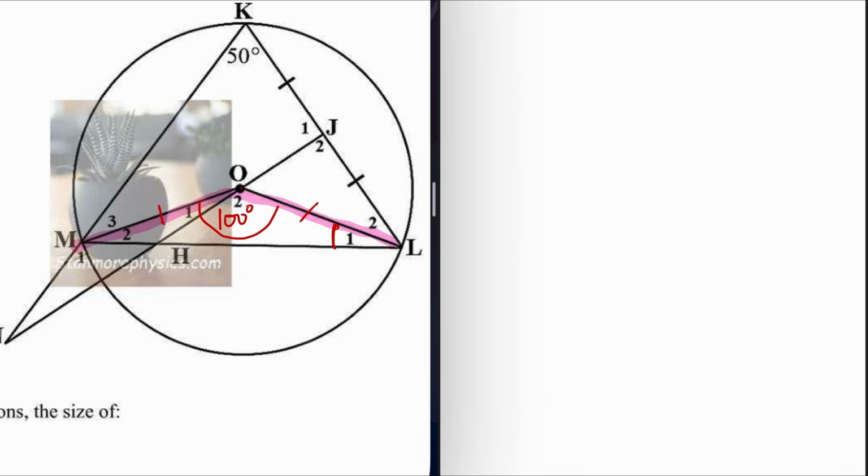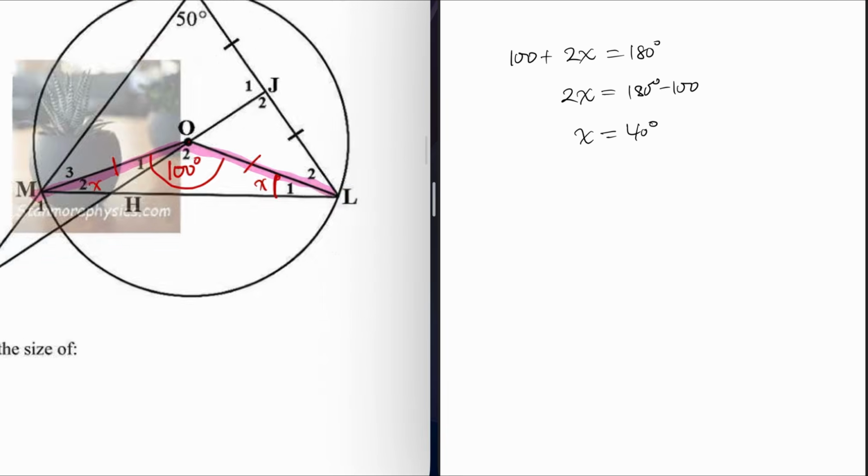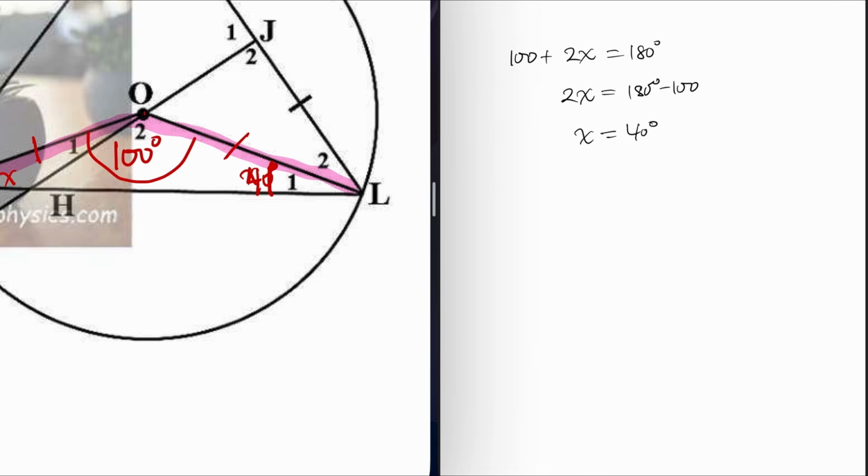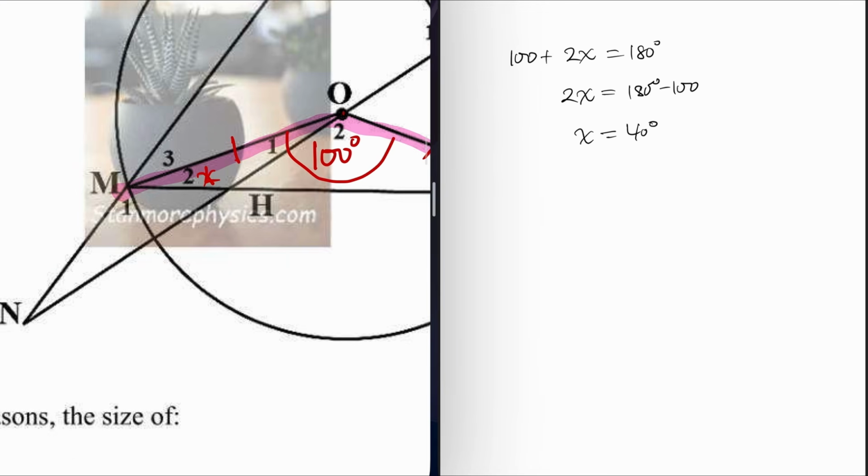So let's call this X and let's call that X. We're going to have 100 plus 2X equal 180. That means 2X is equal to 180 minus 100. That means X is equal to 80 divided by 2, which is 40 degrees. So this is going to be 40 degrees, and that is also going to be 40 degrees.